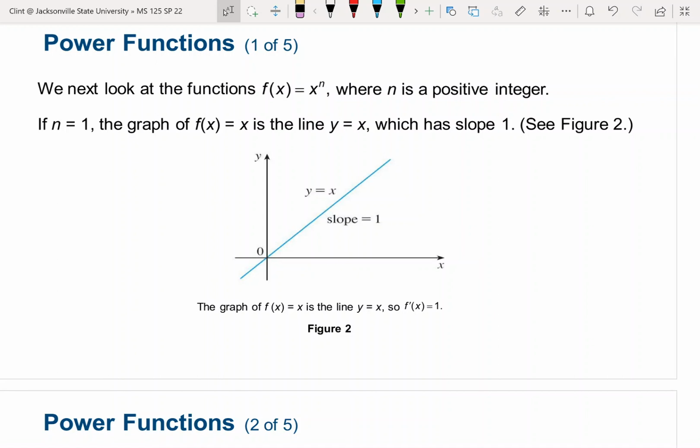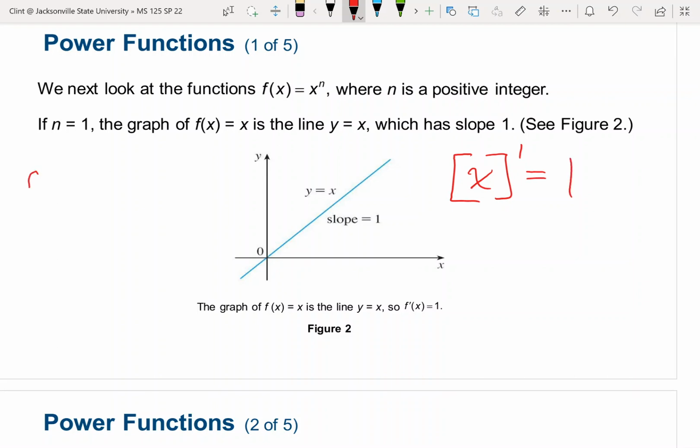All right, y equals x, so if you go up 1 over 1, you're back on the graph. So one way we could write that, we could say we take the derivative of x, we get 1.